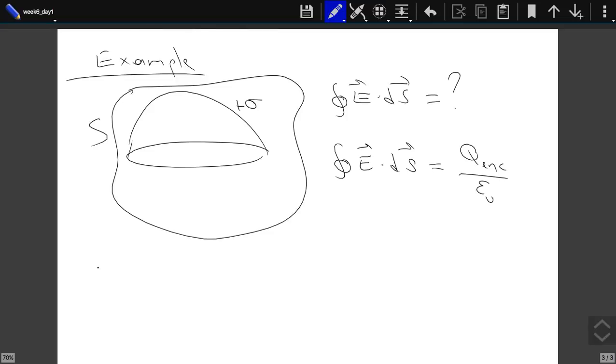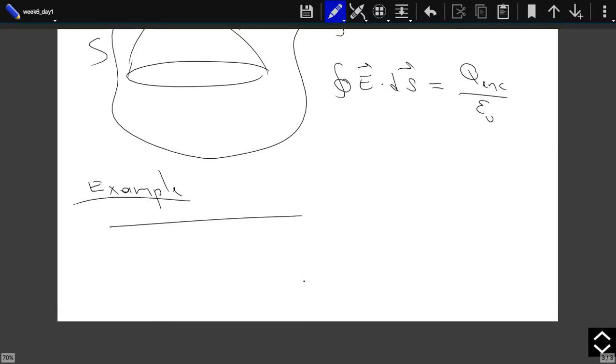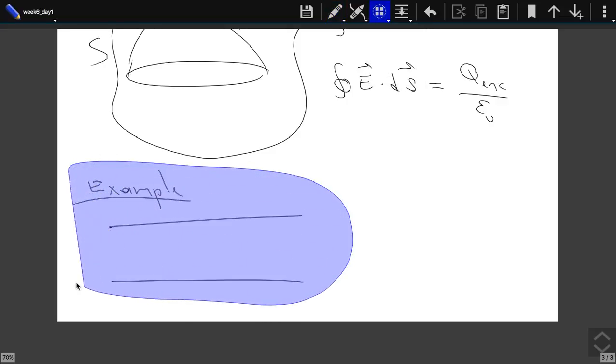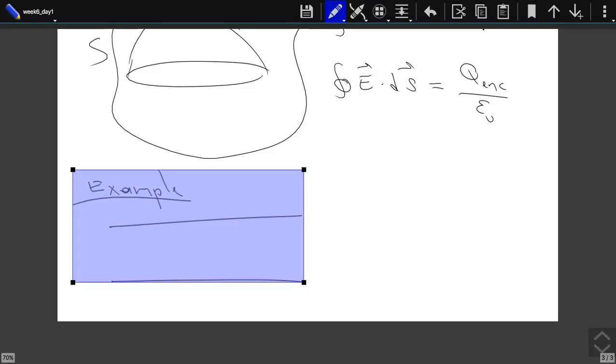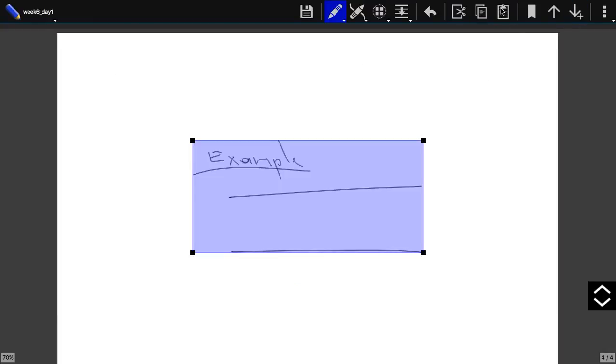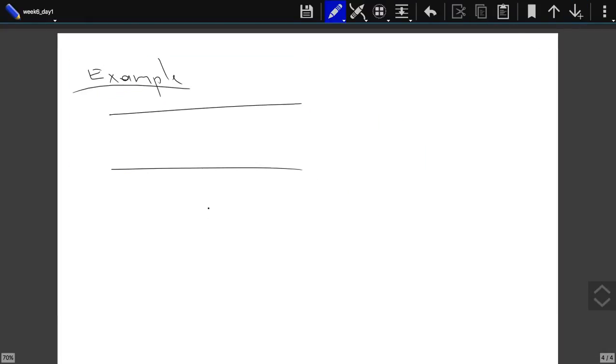Now let's do this example. I have these two planes.